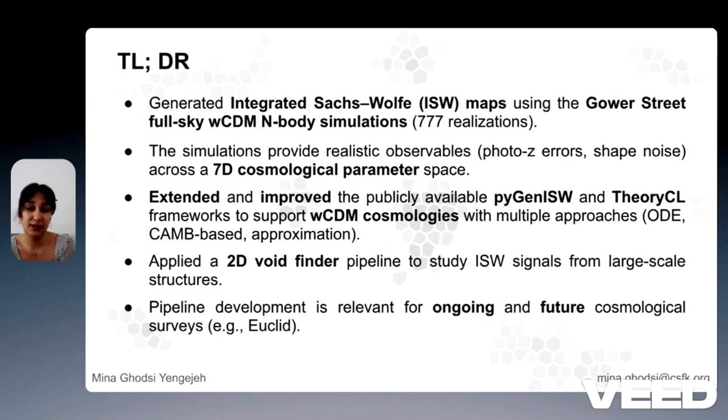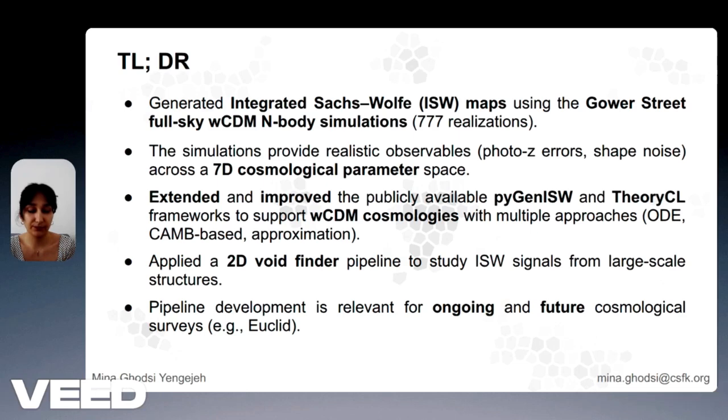To create these ISW maps, we wanted to use two publicly available packages, pyGenISW and Terrestrial, but the problem is that these two packages only supported the ΛCDM model. So first we needed to extend and improve these two packages. We also added multiple approaches to how we can calculate growth factor and growth rate, for example, and how we can also consider massive neutrinos.